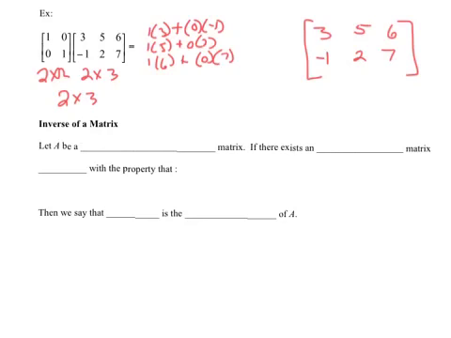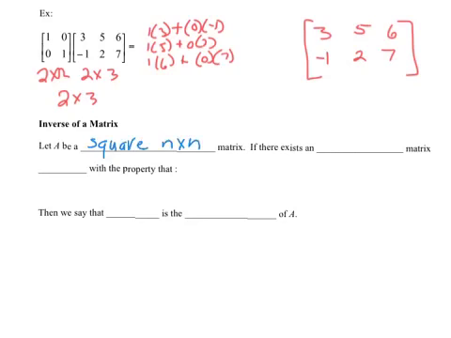So that ties into the next thing we're going to talk about, which is called the inverse of a matrix. And again, a lot of matrix operations behave like regular numbers. So here's a definition. We're going to let A be a square n by n matrix. We call this a square matrix when we have the same number of rows as columns.